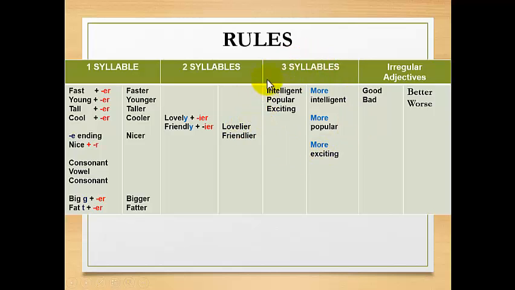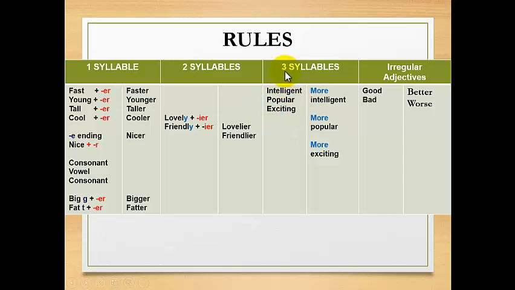On the other hand, we have three-syllable adjectives. For example, intelligent, popular, exciting. Here, in this case, intelligent is 4 syllables, popular is 3 syllables, and exciting is 3 syllables.